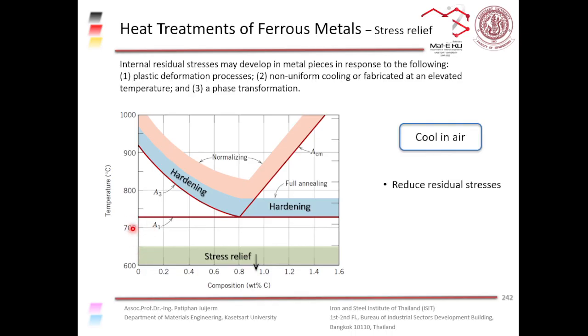Okay, if we give it too much energy, say we give it a temperature above the A1 line, so that now it has more energy, and that is enough energy to transform into other microstructure, and we don't want that.